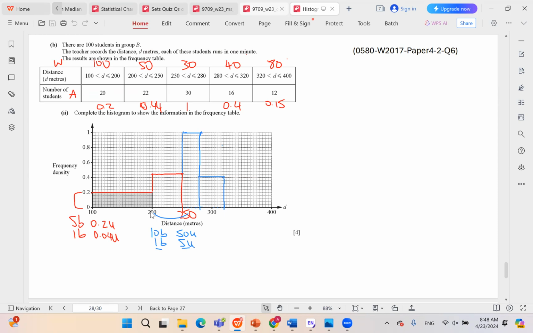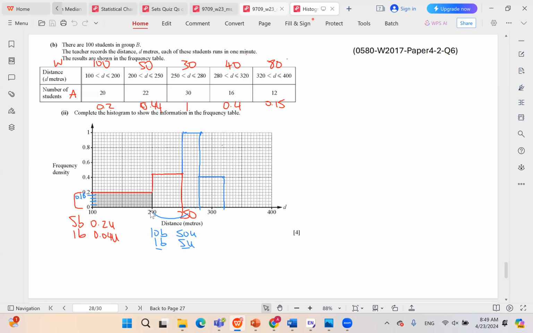And finally, we want to get 0.15. So this is not very clear. However, we can calculate it. We said that for the vertical, each small box is worth 0.04 units. So this is 0.04, 0.08, 0.12, 0.16. So this is 0.16, and we want 0.15. So we're just going to use 0.16 because that's the best we can do within the given accuracy.